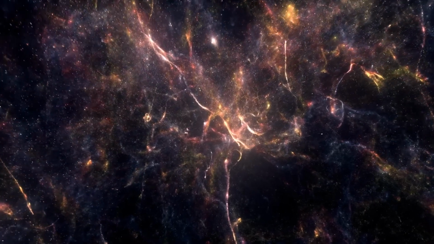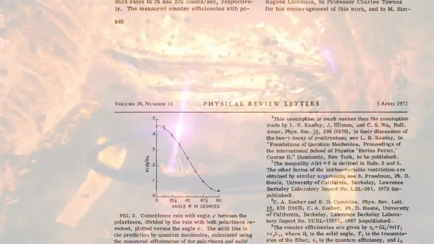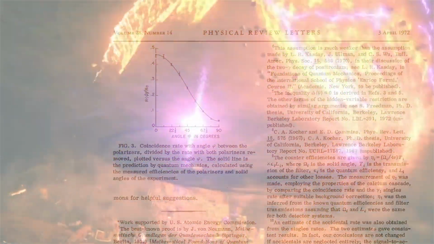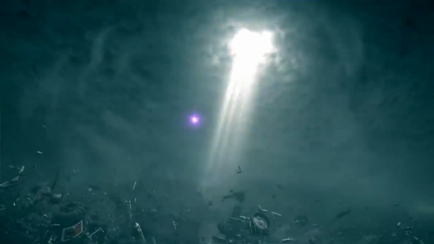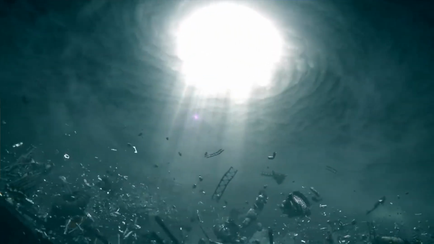And in 1972, it was John Clauser who built the first experimental setup capable of conducting this measurement. In the paper that he released that year, this was the figure that he displayed, exactly matching the prediction of quantum mechanics, proving that the universe isn't locally real.